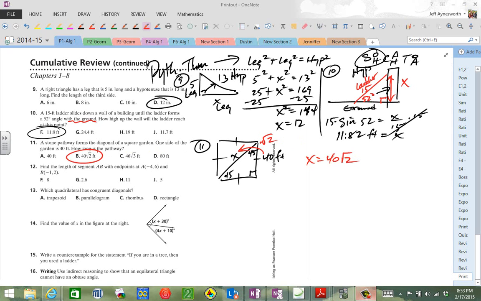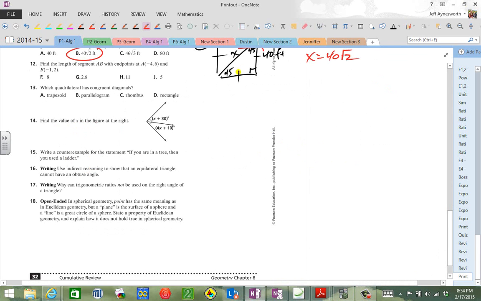Okay, number 13. Which quad, which is a four-sided figure, has congruent diagonals? Congruent means equal. Okay, here's a trapezoid for you. Let me draw another trapezoid. A trapezoid has one pair of parallel sides.